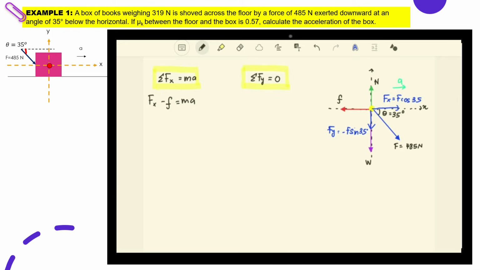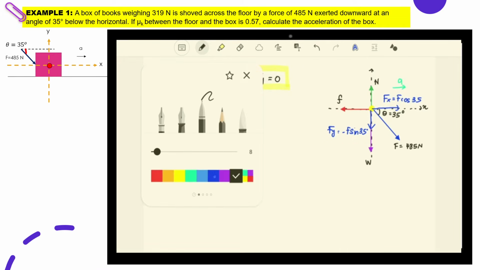As we know that Fx is F cos 35, so F cos 35 minus mu k n, remember friction is equal to mu k n, is equal to ma. When we rearrange this equation, we're going to have a is equal to F cos 35 minus mu k n over m.